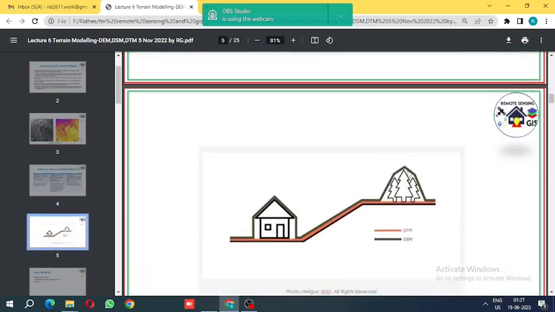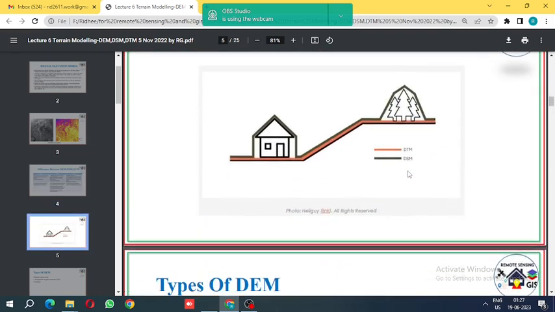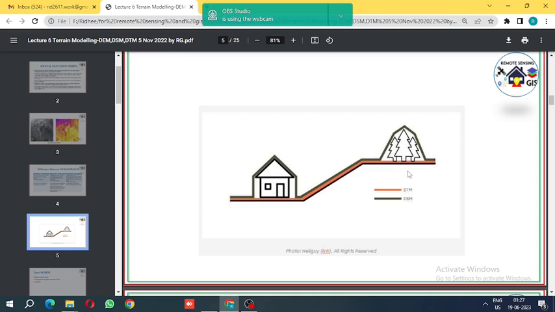Okay. So for a clearer idea, let's see one example. In this example, you can see there is a build-up, there is a forest, and there is a tree line. This black line is a representation of DEM.